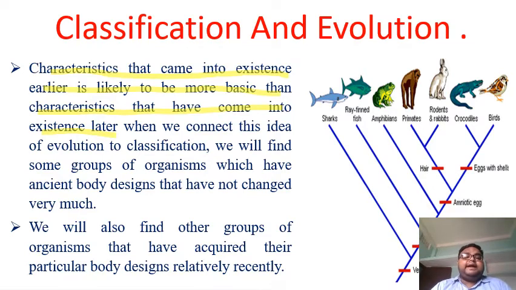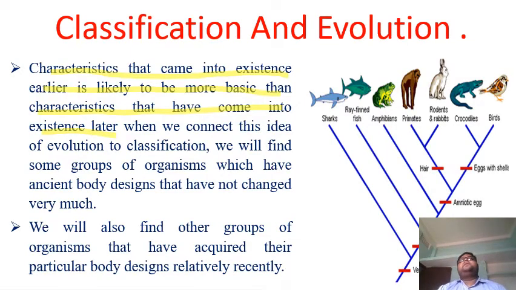When we connect this idea of evolution to classification, we find some groups of organisms which have an ancient body design that has not changed very much. The idea is that basic characteristics arose first and then advanced characteristics came.